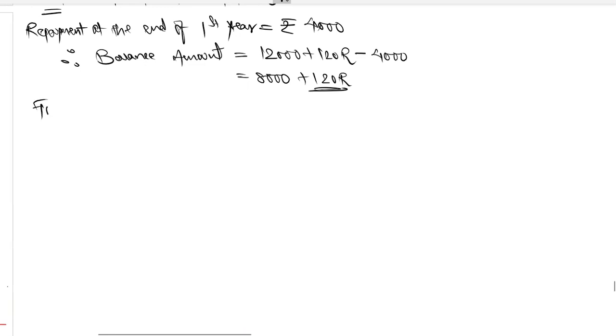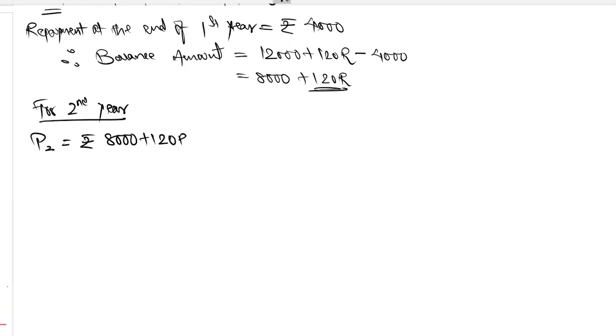So for the second year, P2 is equal to rupees 8,000 plus 120 R. T2 is equal to 1 year.